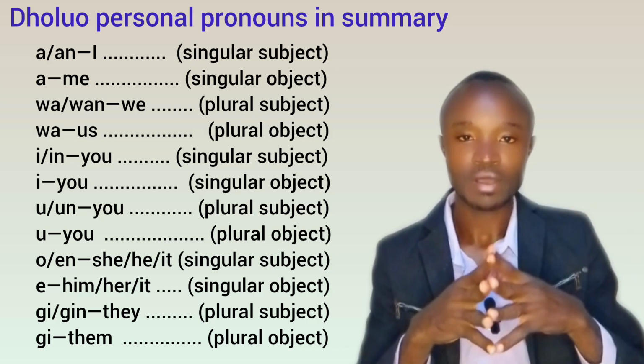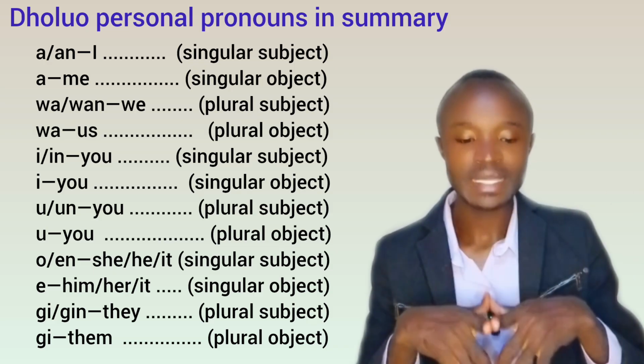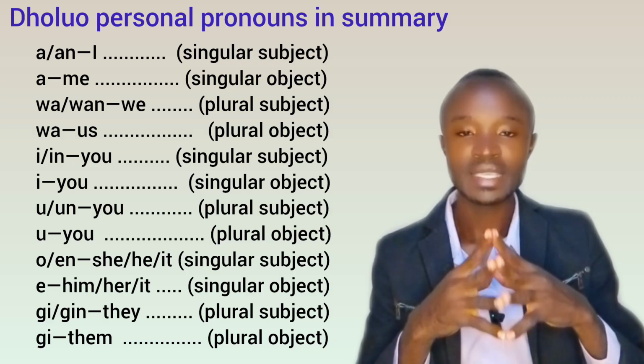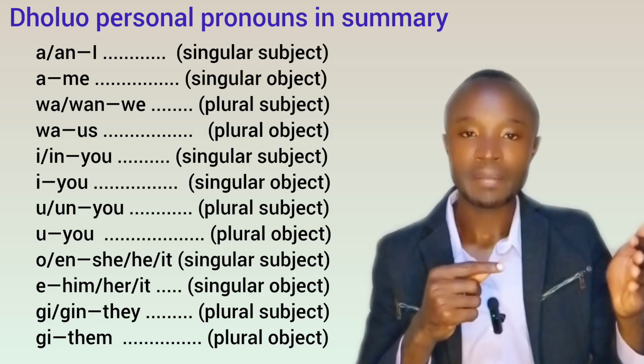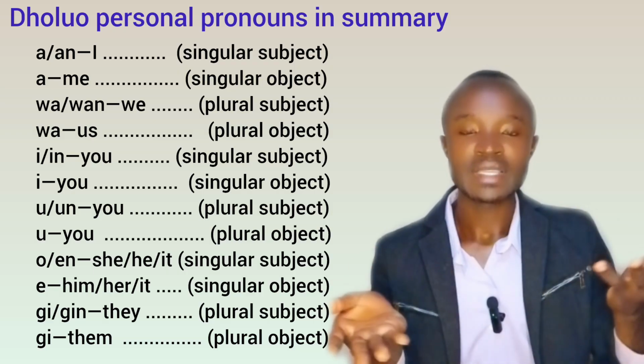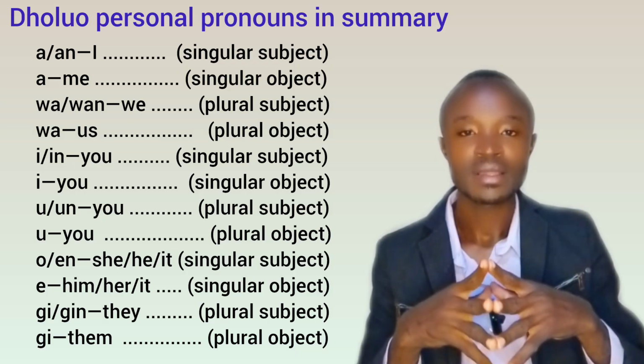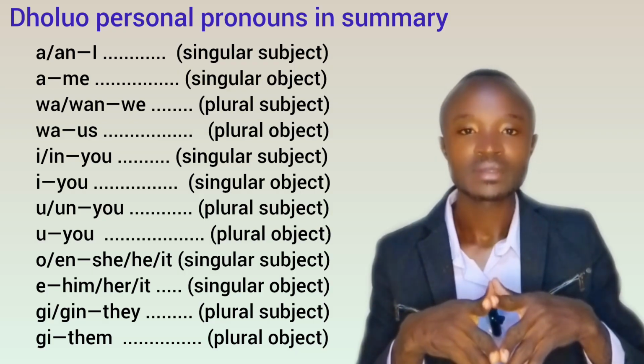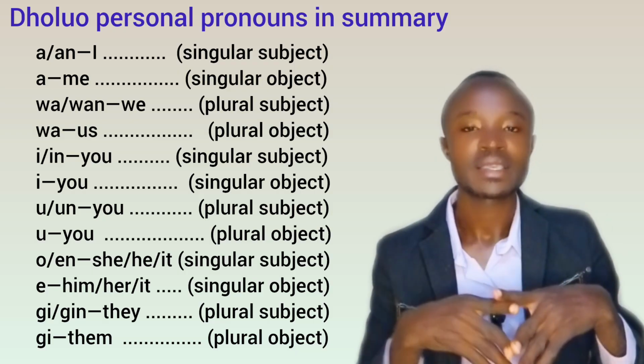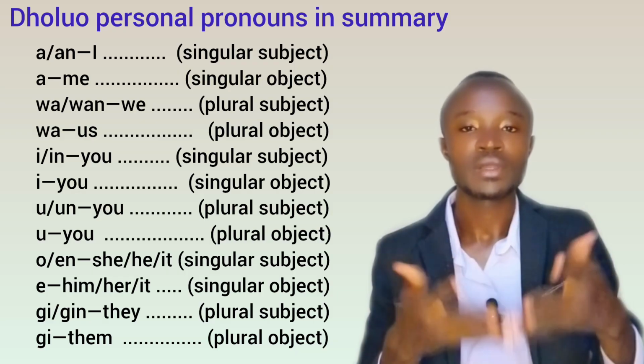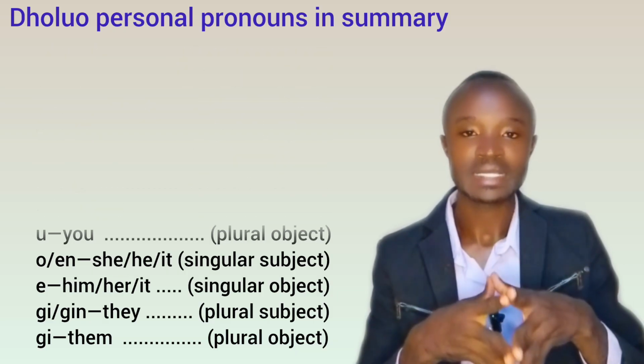That is in the plural. And finally, gi, them. That is the third person, personal pronoun, object case in plural. So I hope you get that clearly.